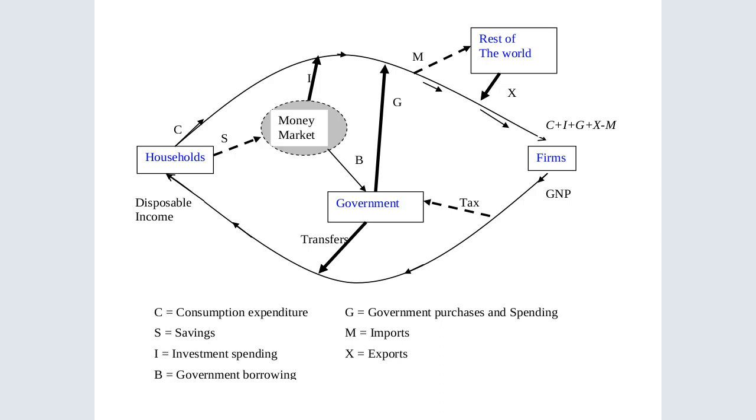Now the government also makes some transfer payments. Transfer payments are simply payments that are made to the citizens. It can be in terms of social security, retirement benefits, etc. So they are paid to the household.